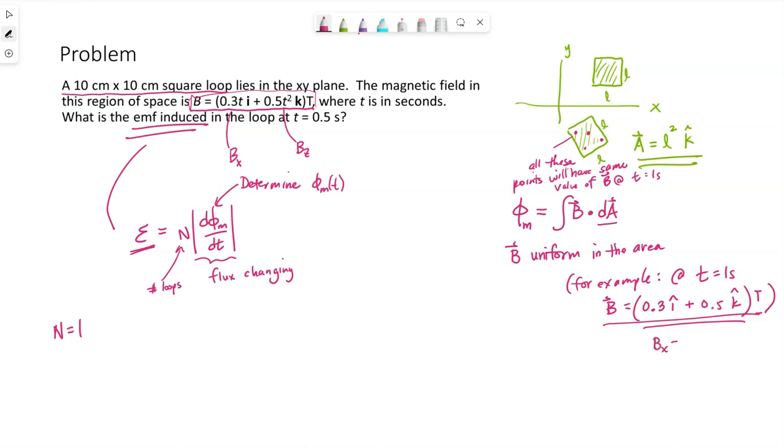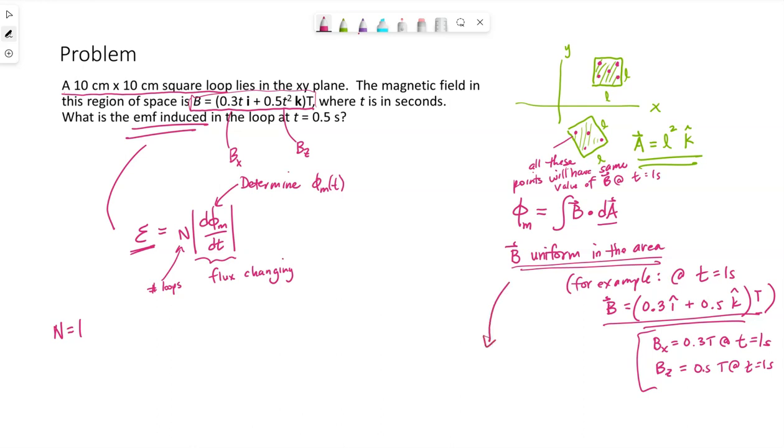The x component will be 0.3 Teslas at the moment of 1 second. The z component will be 0.5 Teslas at that same time. So it doesn't matter where in the area I'm talking about. So if I come to the first square I drew, it doesn't matter what point in this square I'm talking about, the magnetic field strength will be the same in the x and z direction for every single point. This is what we mean by B, the magnetic field, being uniform in the area.